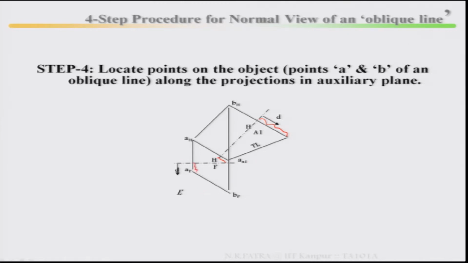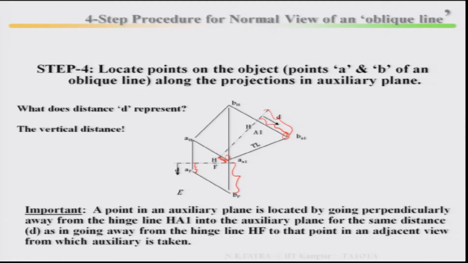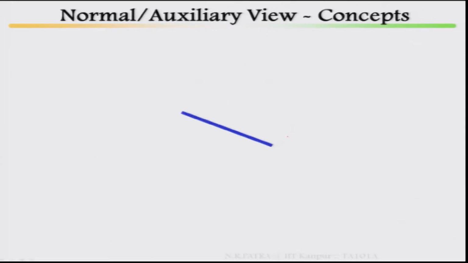So this distance equals this distance, and this distance equals this distance. After getting the respective projected points, join these 2 points and this will give the true length of the line in the top view. A similar procedure has to be followed for the front view. This is what we covered up to last class.